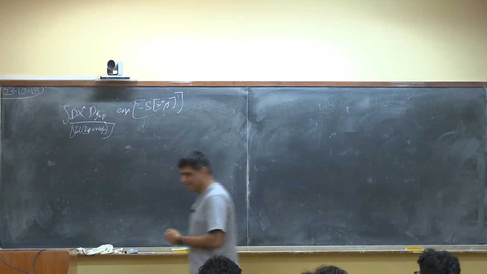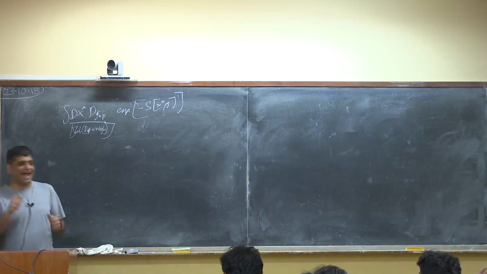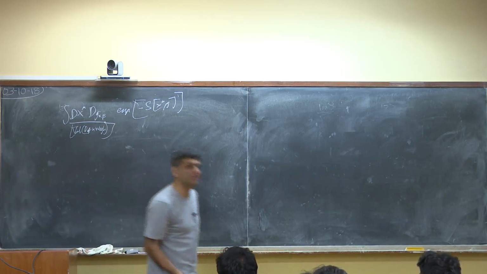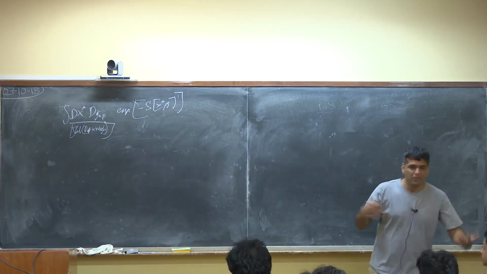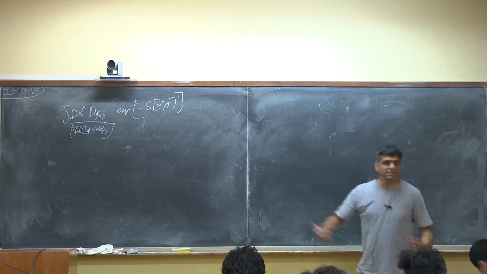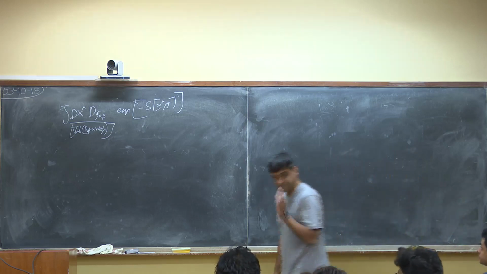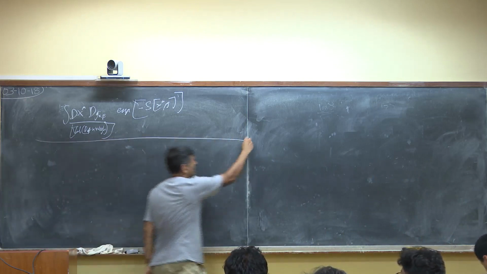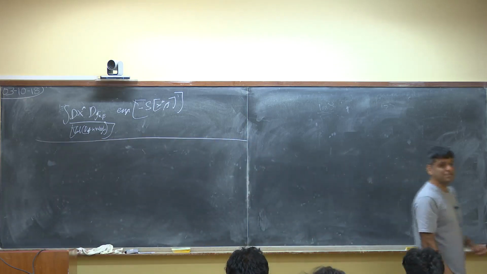We want to do the integral over each Weyl and diffeomorphism equivalence class rather than each configuration, because configurations that differ by Weyl or diffeomorphisms are the same physical configuration. Now at the end of the last class, we decided on a strategy for doing this.